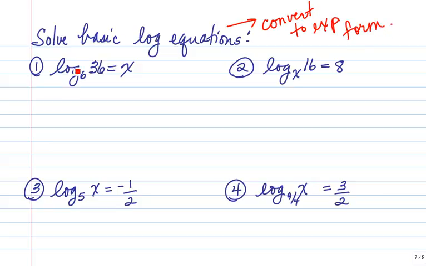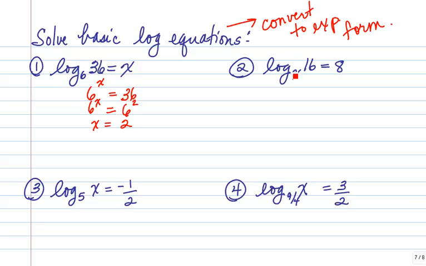So when we see log base 6 of 36 equals x, we're going to write that as an equivalent exponential expression. So that would mean 6 to the x is equal to 36. Well, we know how to solve that. Convert both sides to the base of 6. So we get x has to be 2.